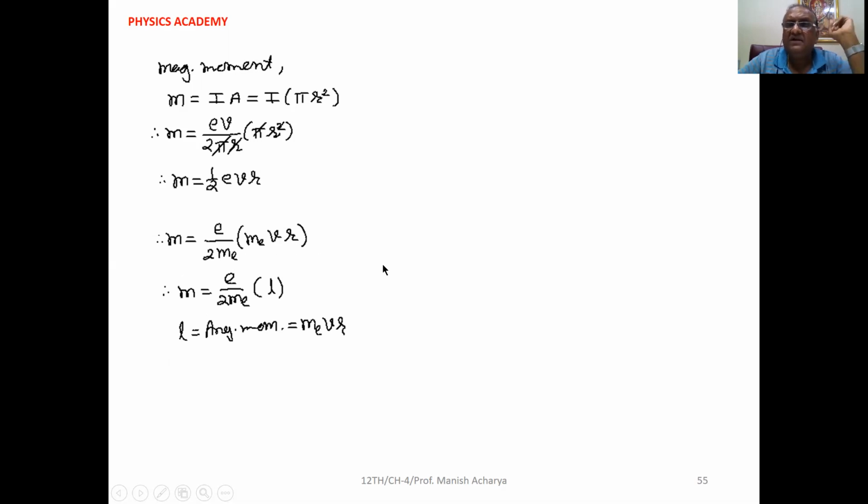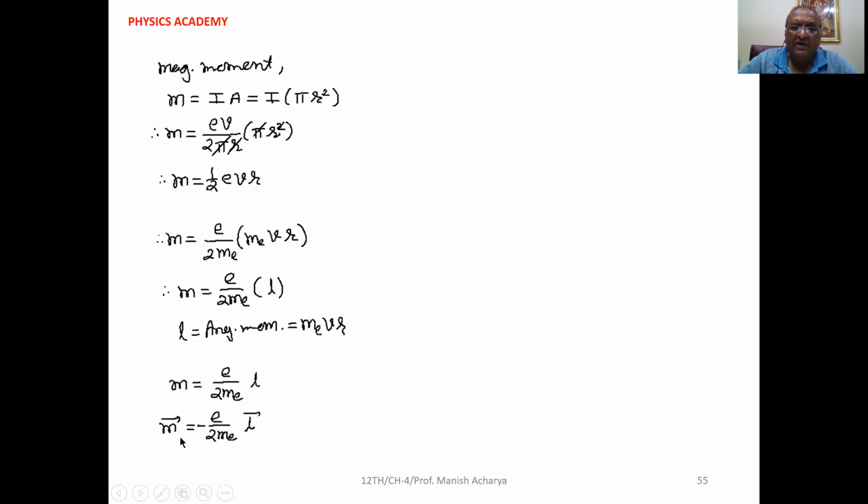But in standard 11th, we studied this thing: angular momentum L is m v r. So we can replace this m e v r as angular momentum of the electron. So magnetic moment is e upon 2 m e into L, where L is the angular momentum.